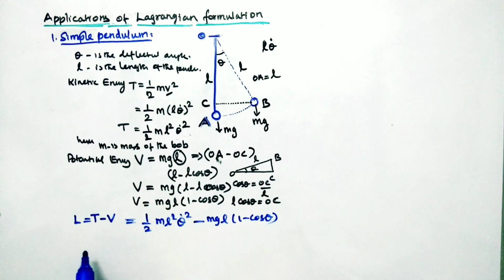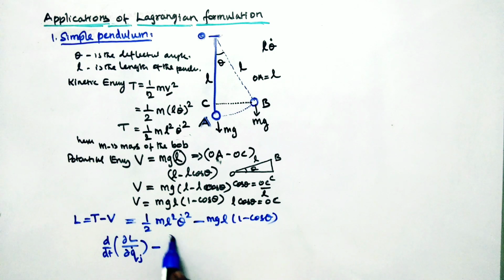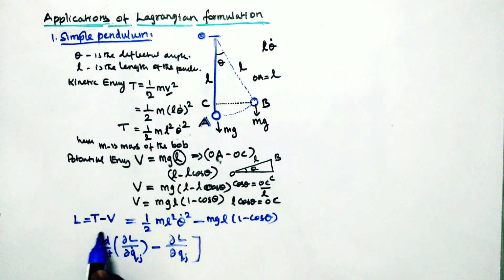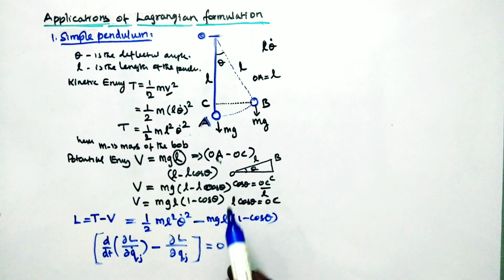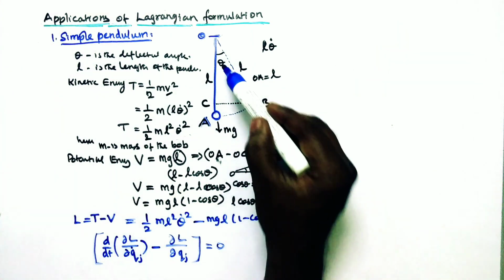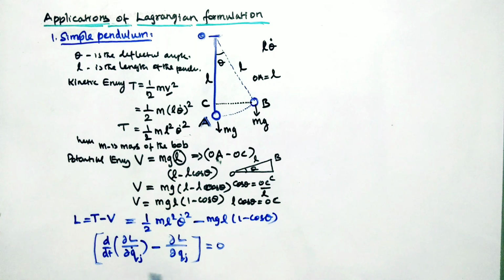But we know that the Lagrangian equation of motion is d by dt of dou L by dou qj dot minus dou L by dou qj is equal to 0. But we take here the generalized coordinate as theta, therefore qj is replaced by theta.